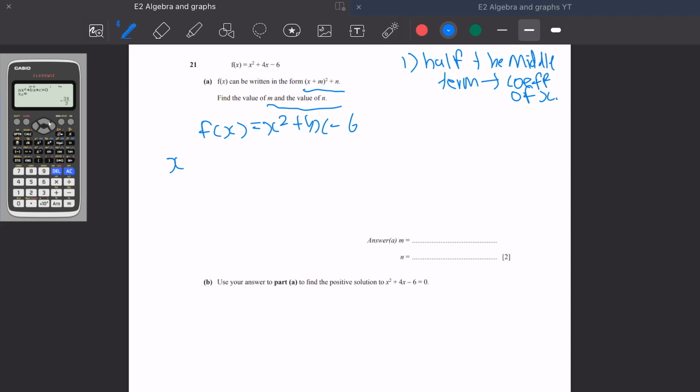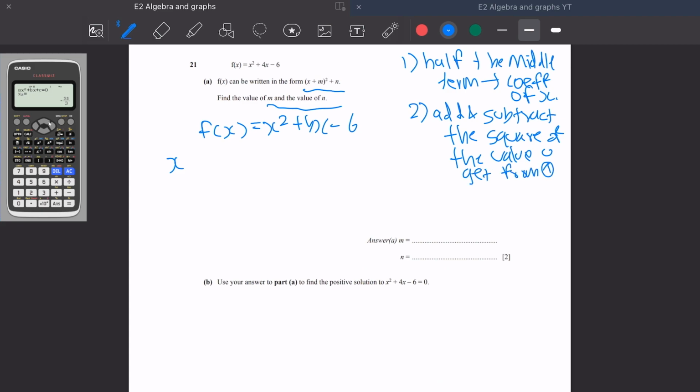Then the second step is add and subtract the square of the value you get from this. So here's what I mean. x squared plus 4x minus 6, the half of the middle term is 2. So we add and subtract the square: 4 by 2, that's a half of this, squared, minus 4 by 2 squared.